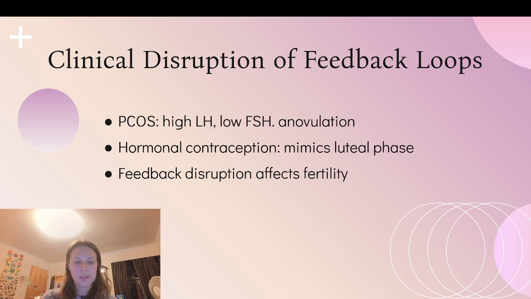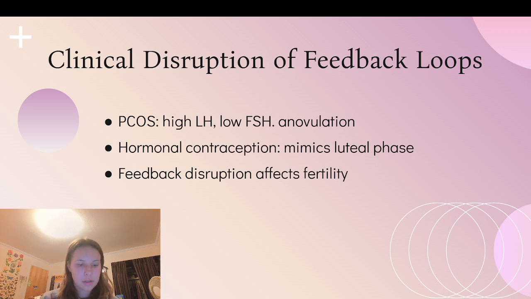When feedback loops are disrupted, reproductive health can suffer. In polycystic ovary syndrome, or PCOS, elevated LH and low FSH prevent proper follicle development and ovulation.